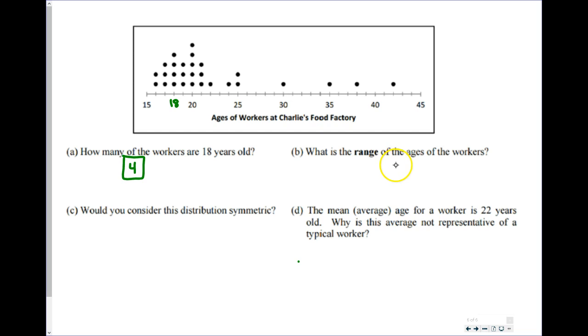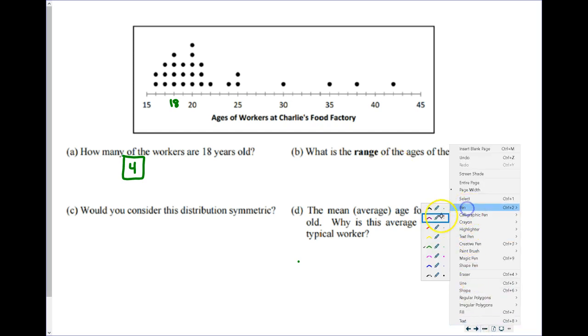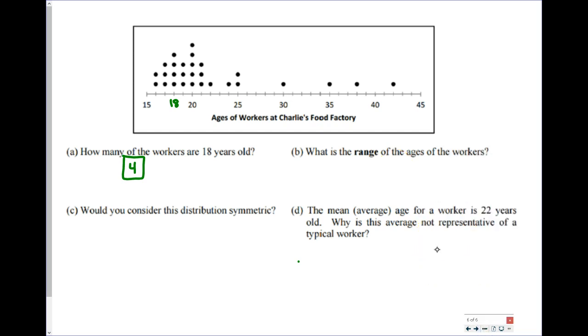B asks, what's the range of the ages of workers? Now I know when you look at this, you want to say 15 to 45, because that's the lowest number on the scale and the highest number on the scale. But there aren't actually any workers that are ages 15 or 45. So the range is actually, okay, what is my lowest to highest value?